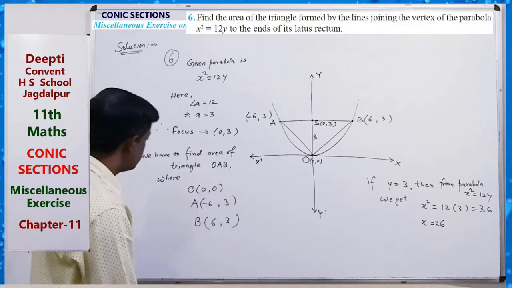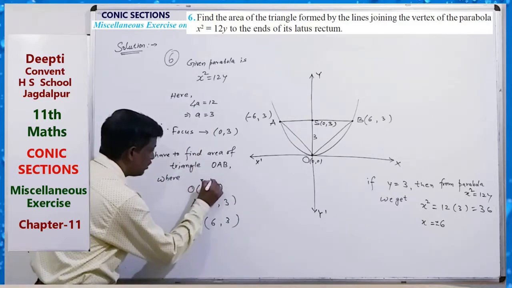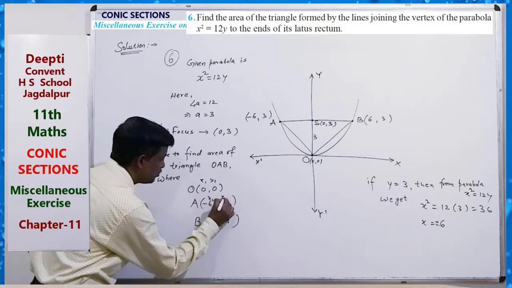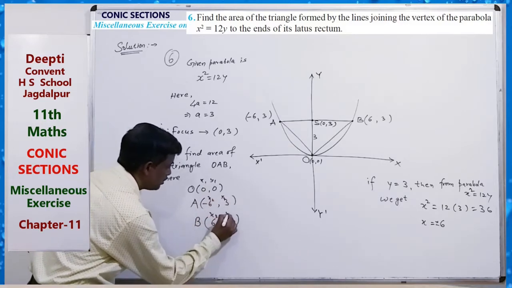Okay. So suppose these are x1, y1, x2, y2, x3, y3.